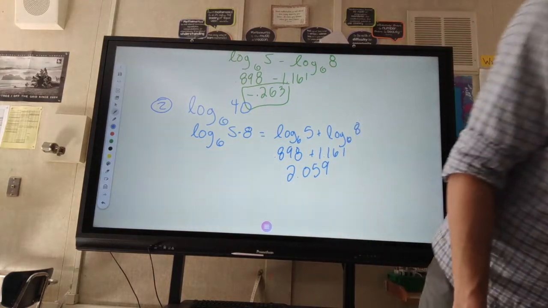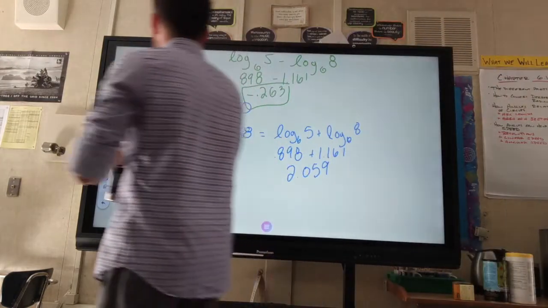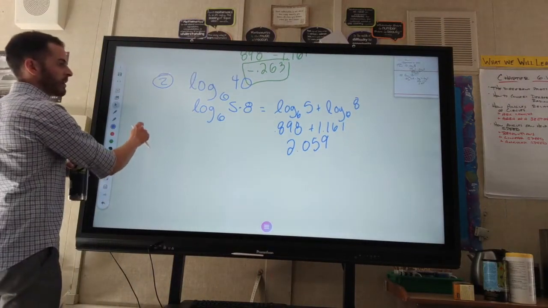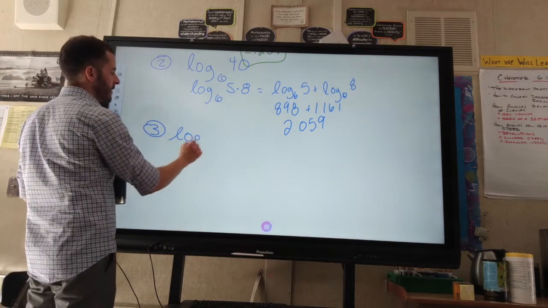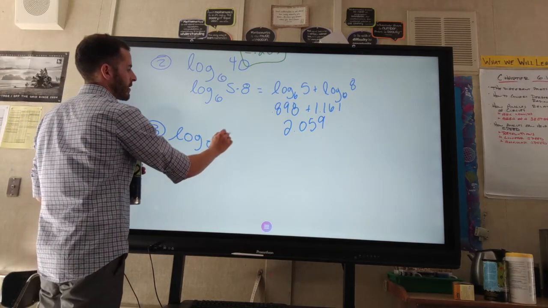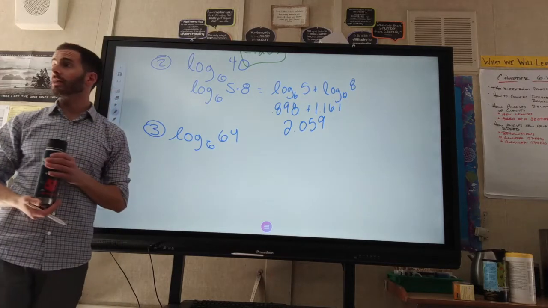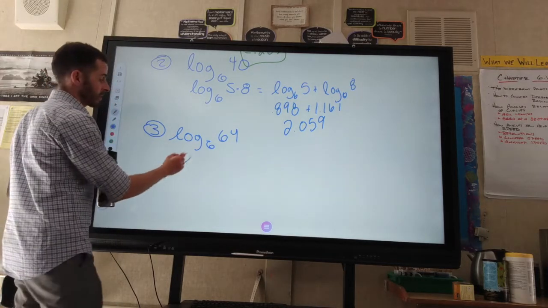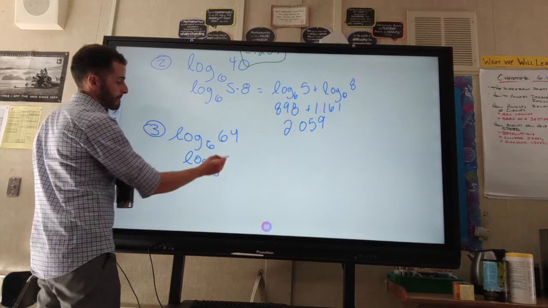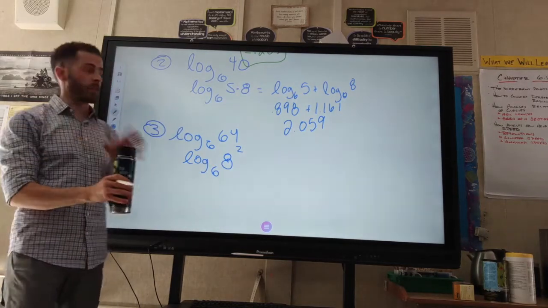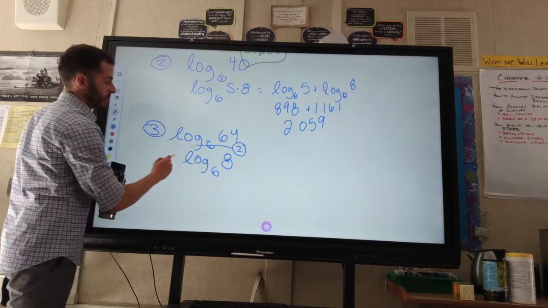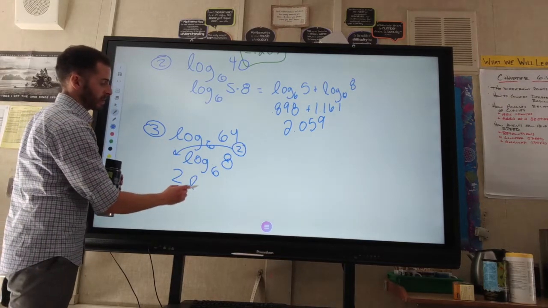Number 3, now it's getting even trickier. Well, 64 is 8 squared. Very good. We're only allowed to talk about 5s and 8s, but I see 8 squared. And then you moved it to the front. Yep, exponent down in front. So the 2 goes in front.